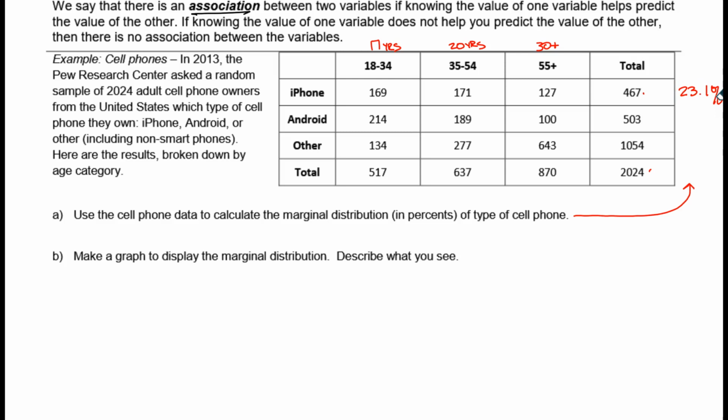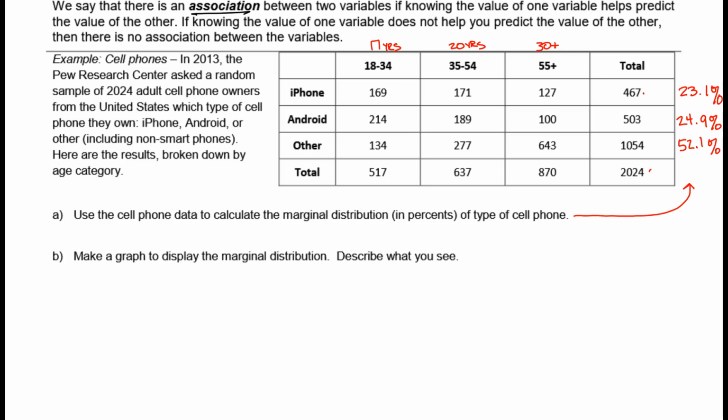And 503 out of 2024 is 24.9%. 1054 out of 2024 is 52.1%. Struggle there with the decimal. Hold on. 52.1%. Okay, and that's it. That's the marginal distribution for type of cell phone.